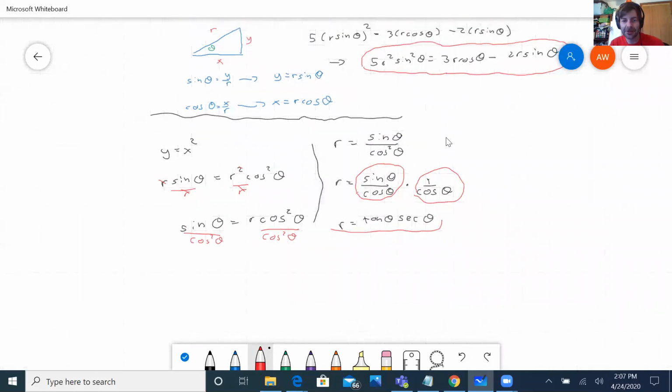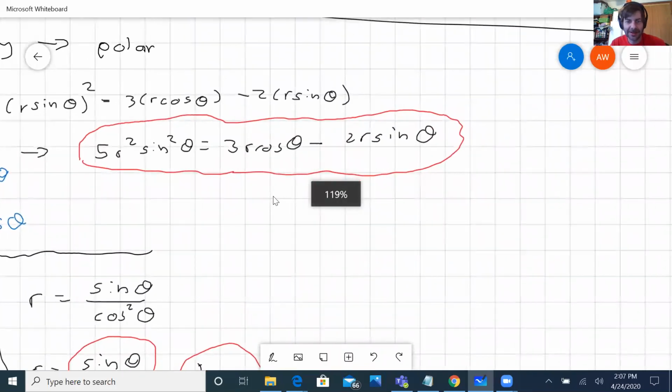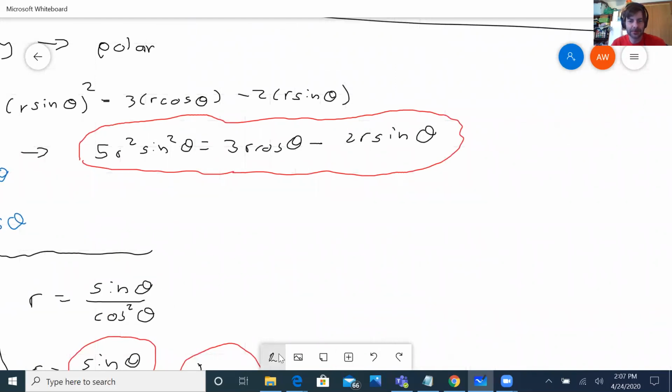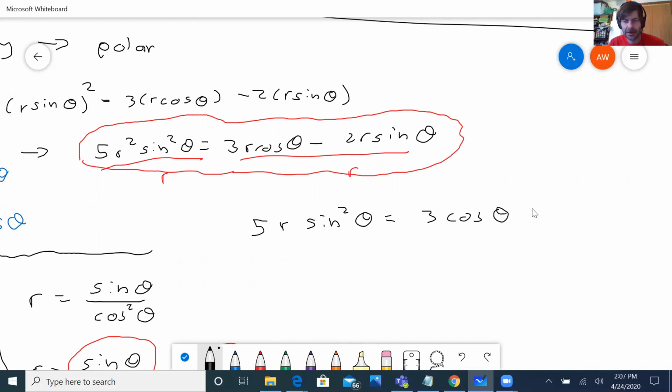I guess I actually could have done it on this one. Maybe I should just finish it off. I'd do the same thing I did on that one. If I divide everything by r, what I get is 5 r sine squared theta equals 3 cos theta minus 2 sine theta.